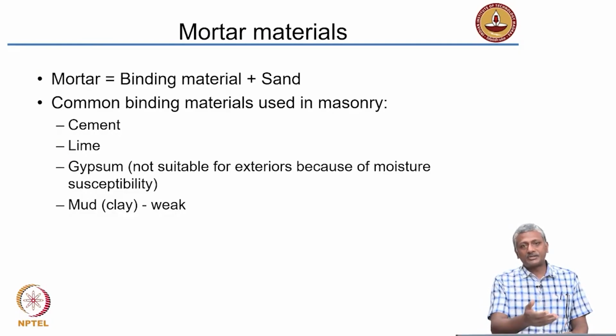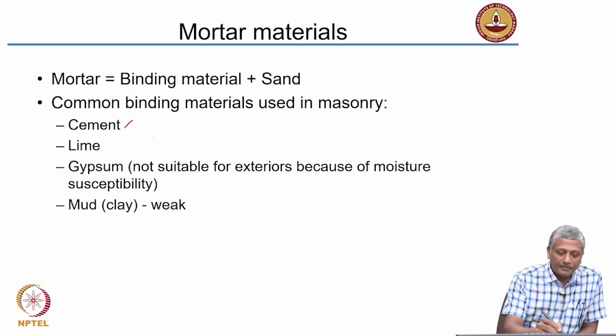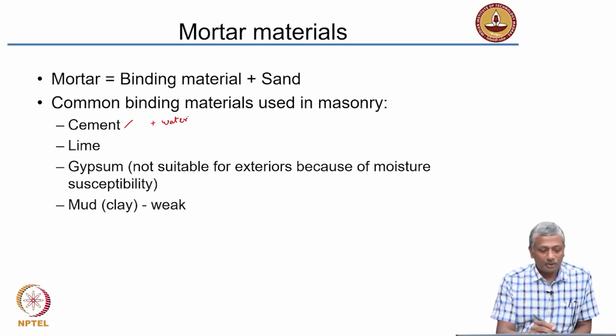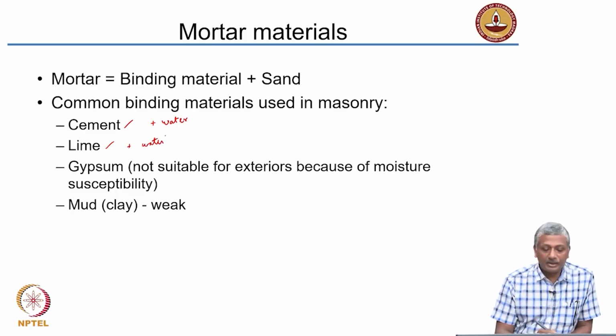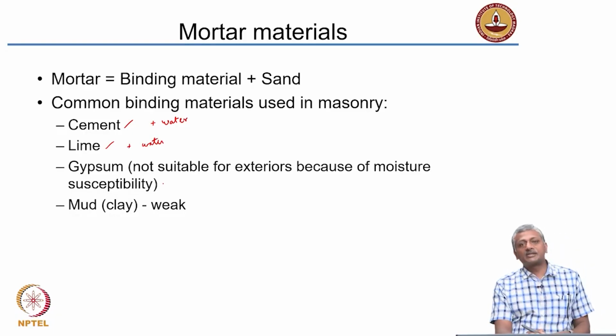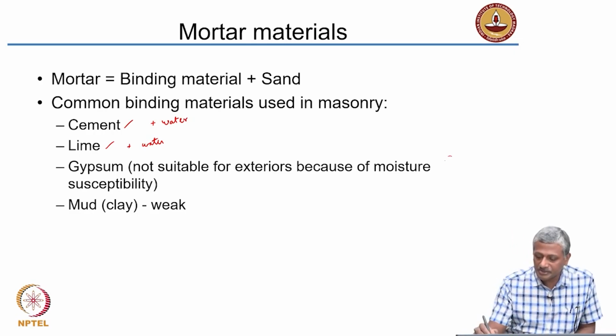But in most cases for construction, the mortar binding material typically consists of cement. Of course, you need to mix with water to make it into a binding material. You have lime, again mixed with water. Then you have gypsum. Okay. Now, gypsum itself is not used in the form of gypsum, but it's used in the form of anhydrite or hemihydrate, because you know gypsum is calcium sulfate dihydrate.